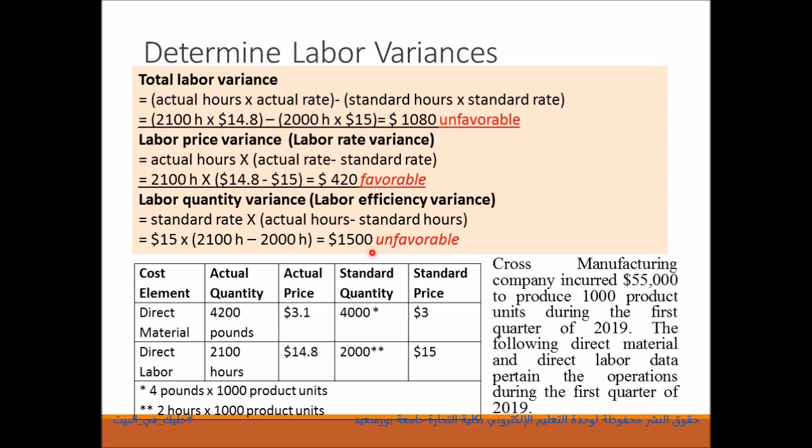So the quantity or efficiency variance is unfavorable. $1,500 unfavorable efficiency variance. So the $1,080 unfavorable labor variance can be analyzed into $420 favorable rate variance and $1,500 unfavorable efficiency variance.